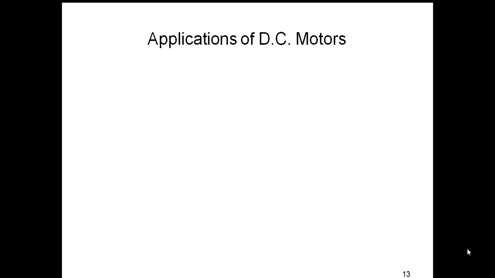Here, the series field flux aids the shunt field flux. These are the classifications. Now let us see the applications.